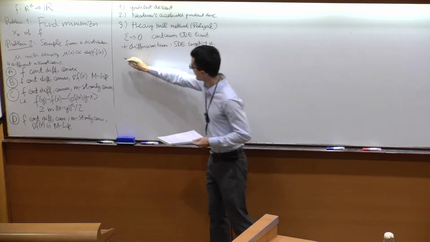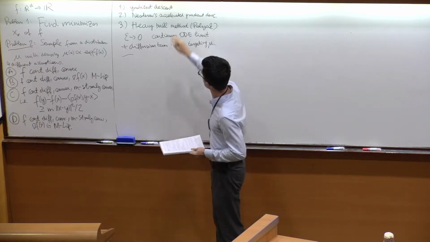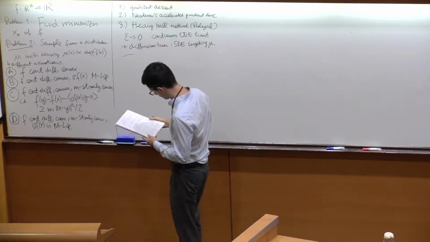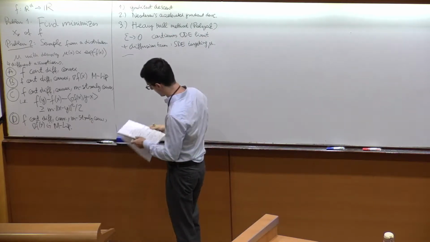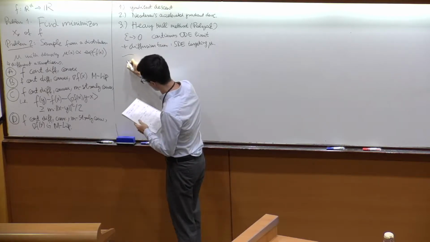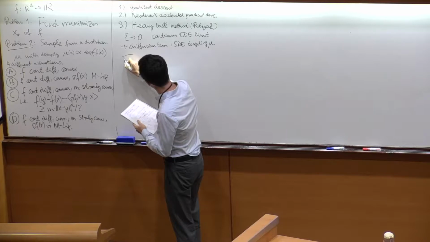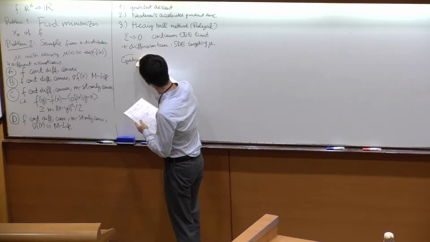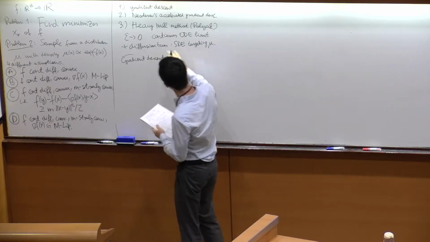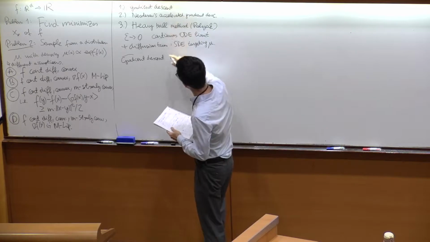Now, first, I'm going to start with gradient descent. It's not very surprising that the continuous limit of gradient descent is called the gradient flow.